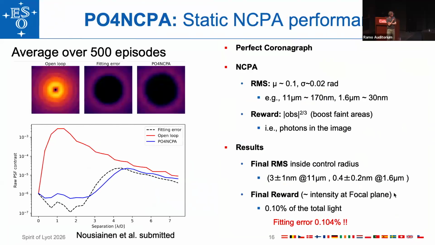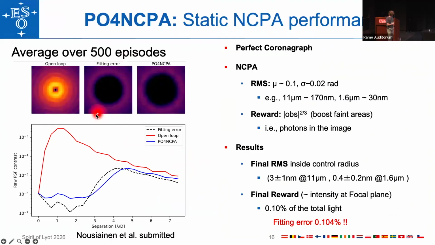We did this for 500 different NCPA errors to get some statistics on how it behaves. Here we compared to the open loop case, so no correction. And then we project the phase to the deformable mirror, and this is the PO for NCPA.